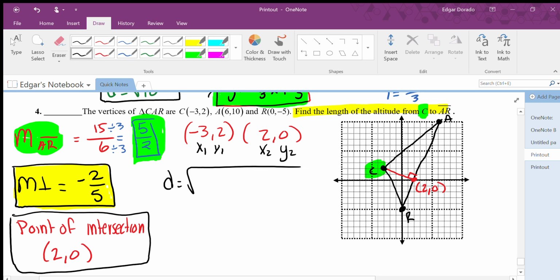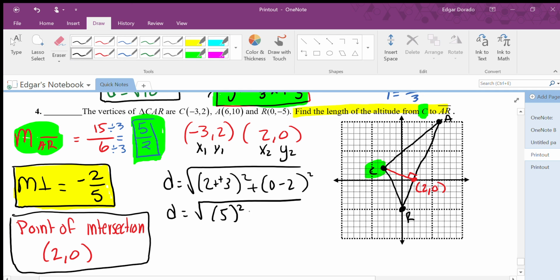Calculate our distance here. So x2 minus x1 is 2 minus a negative 3, and y2 minus y1 is 0 minus 2. 2 minus a negative 3 is really like a plus 3. So this is going to be 5 squared plus negative 2 squared. 5 squared is 25.